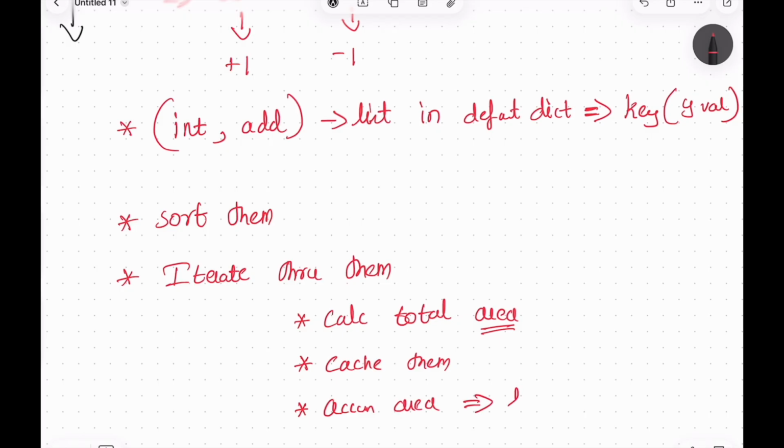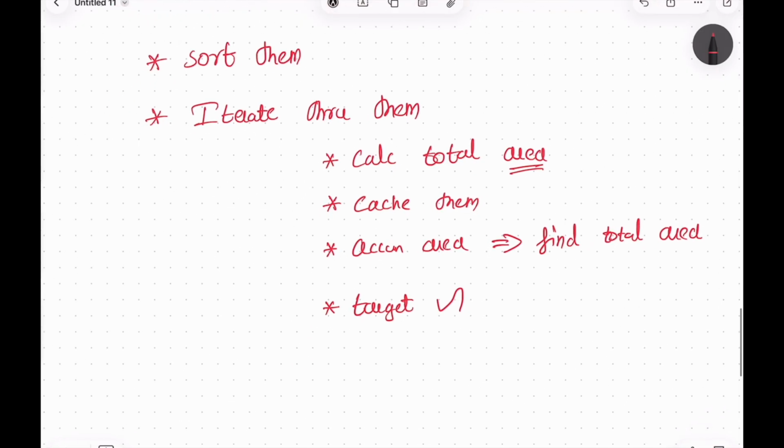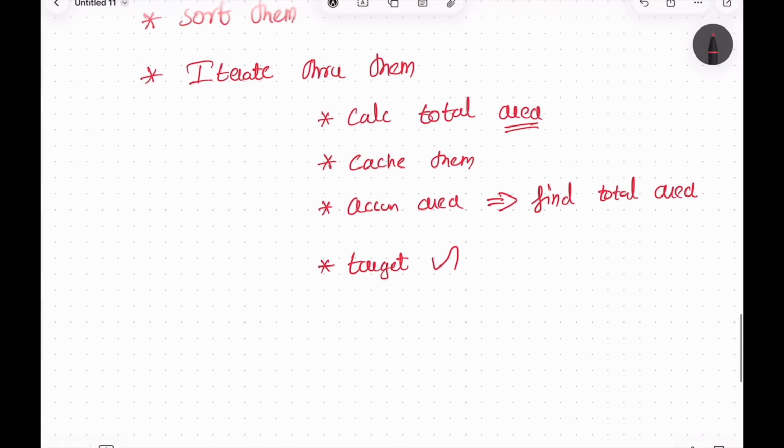This is to find total area, right? And now when you find total area, you get the target area, right? Now here also you have to find the width by using the x intervals. So you have to define a function there, and find the x intervals or the width using that.